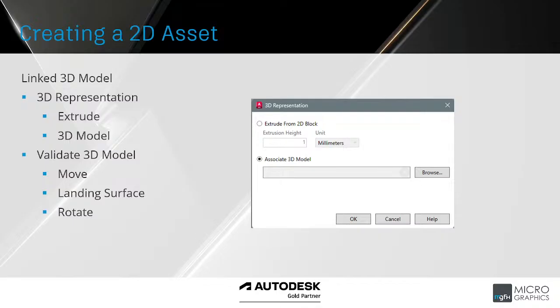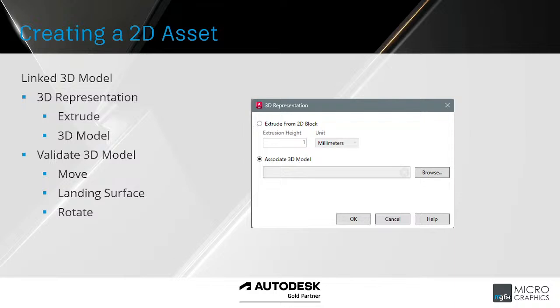If you had already loaded a 3D model in and validated the 3D model during the asset building process, you would then choose to associate the 3D model, browse, and then select that 3D model to ensure that you are showing the correct 3D model when publishing.